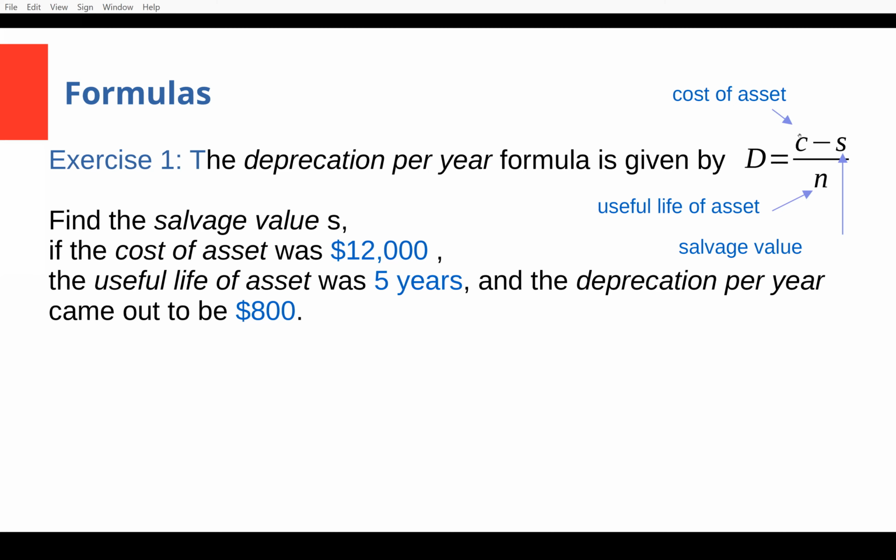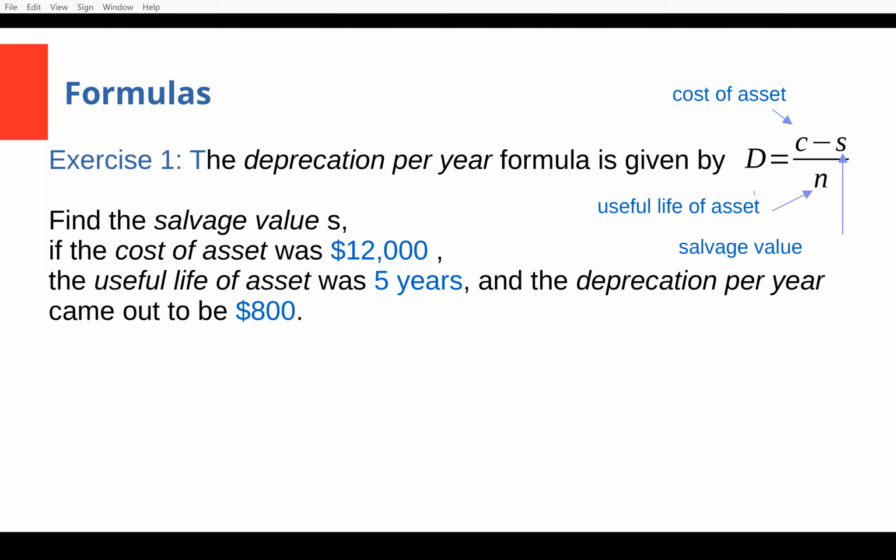Find the salvage value, so it's this number in the formula, if the cost of the asset was $12,000. The useful life of the asset was 5 years. And the depreciation per year came out to be $800. So what they are asking us for is what was the salvage value of this item? I don't know what it is.